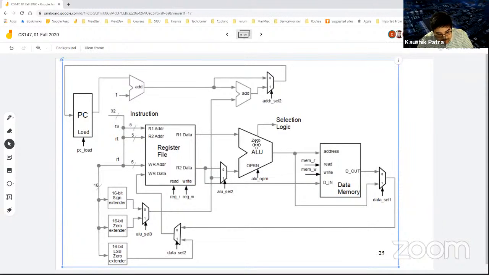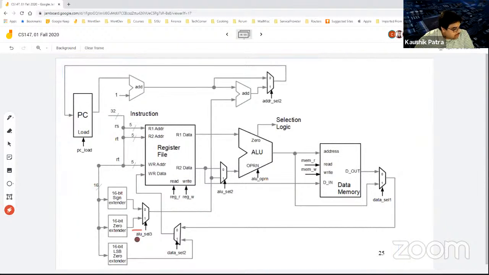So in EXE, mem, and write back, these three stages, we must hold this ALU selection logic stable, like ALU selection 3, data selection 2, ALU selection 2, etc. Not data selection, that is going to the register file, sorry. ALU selection 3 and ALU selection 2 must be stable for the I-type path.